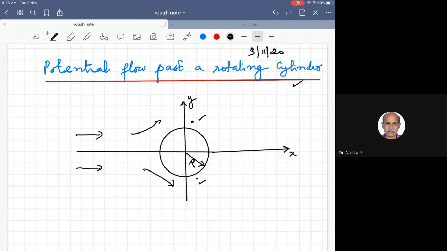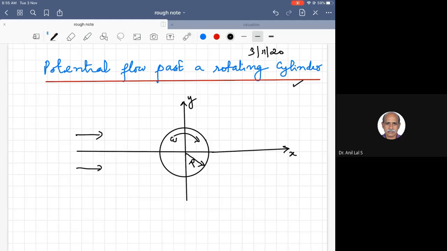Whereas now, when we consider the particular case in which the cylinder rotates, let us assume that the cylinder is rotating with an angular velocity omega. So there is a tangential velocity at any point on the surface of the cylinder.